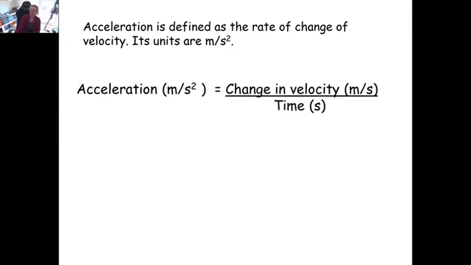And one of your key facts is the equation that's associated with acceleration. So you look at your change in velocity, divide that by the time taken, and that will give you the acceleration of the object. And those two things are very important for you to take away from this lesson.